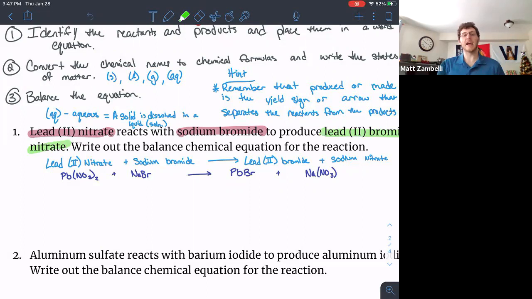Perfect. Normally I find lead 2 nitrate and sodium bromide on a shelf in a little container, as white powders or a yellow powder. So they're powders normally. How am I going to get them to react with one another?